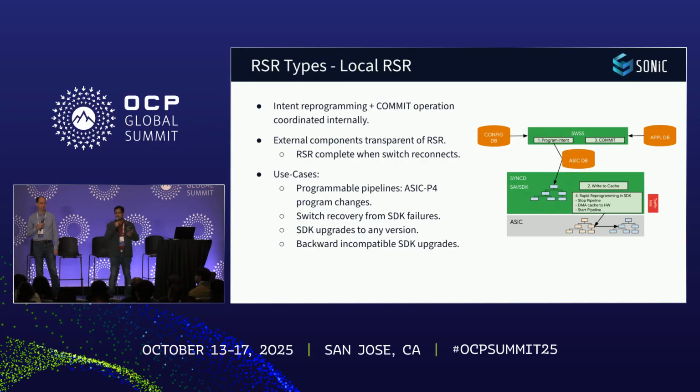You can also perform any version to any version SDK upgrades depending upon the amount of information that you have checkpointed. So like Jason mentioned, Express Boot does not checkpoint anything. So it is a truly any version to any version upgrade. And you can also perform backward incompatible SDK upgrades.